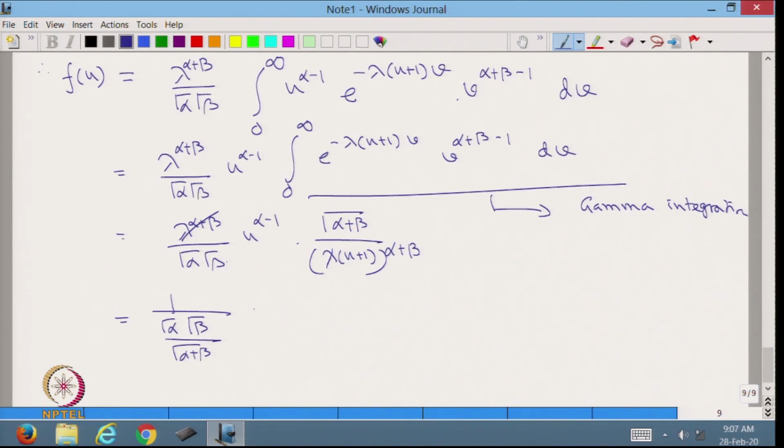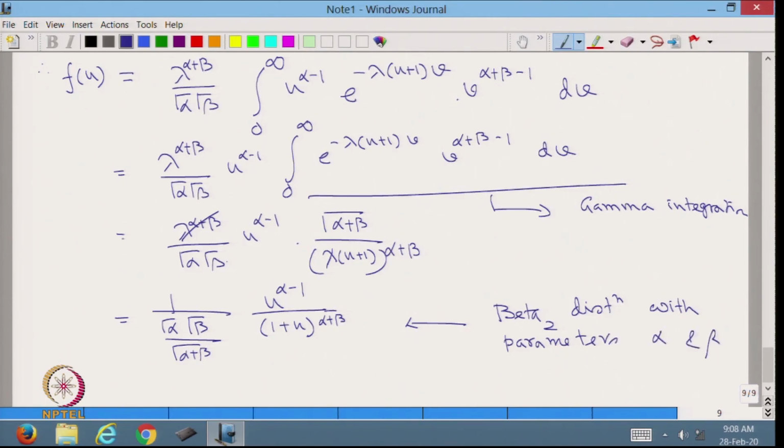Therefore, what is remaining is u to the power alpha minus 1 upon (1 plus u) whole to the power alpha plus beta. So, we get that this is our beta 2 distribution with parameters alpha and beta.